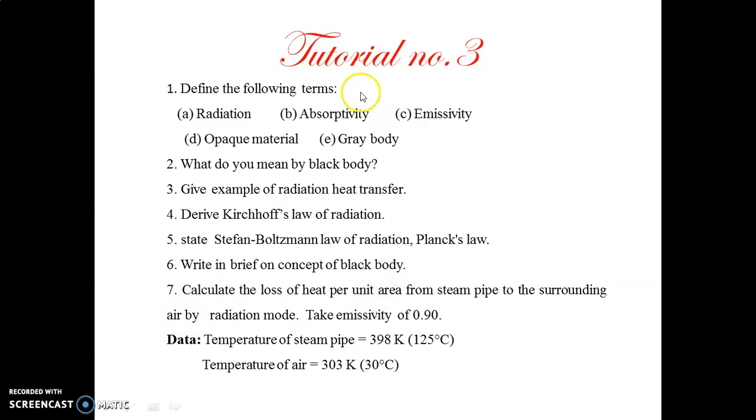Then you have to write a brief note on the concept of a black body. And at the end of the tutorial, you have to solve one small problem for calculation of heat loss per unit area from the steam pipe to the surrounding air. The emissivity of the steam pipe is given, the temperature of the steam pipe is given, and the outer temperature of the air is also given.